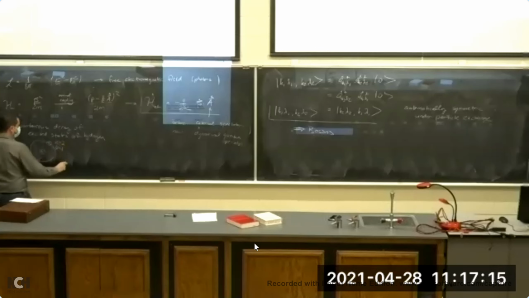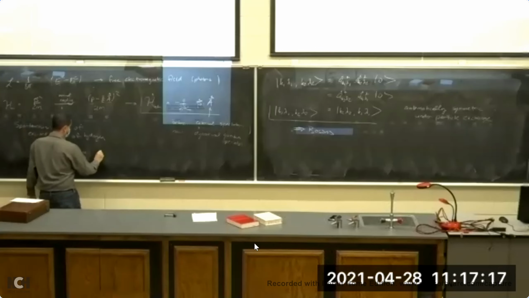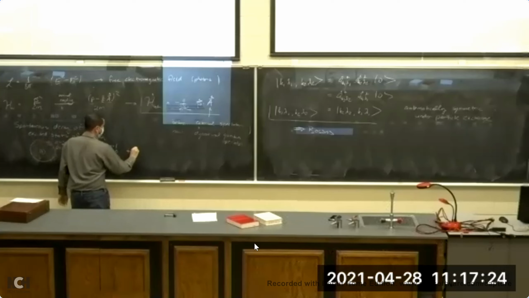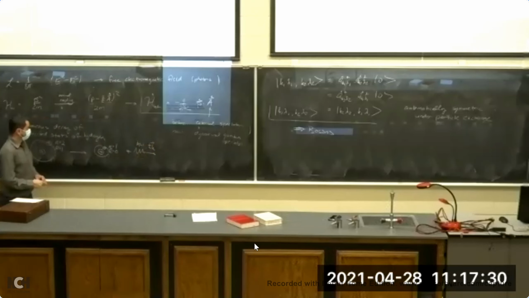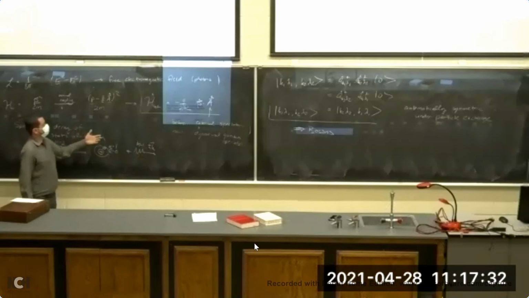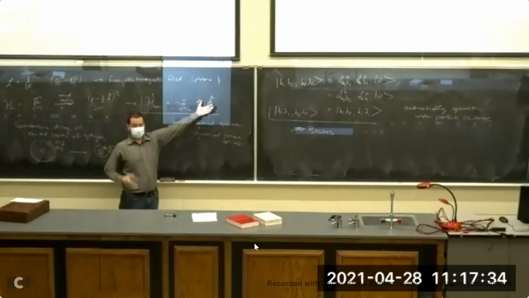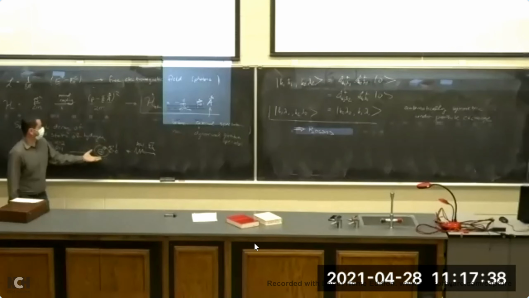And you can calculate its decay rates into the ground state, n equals 1, L equals 0, plus a photon with energy h bar omega and momentum h bar k.